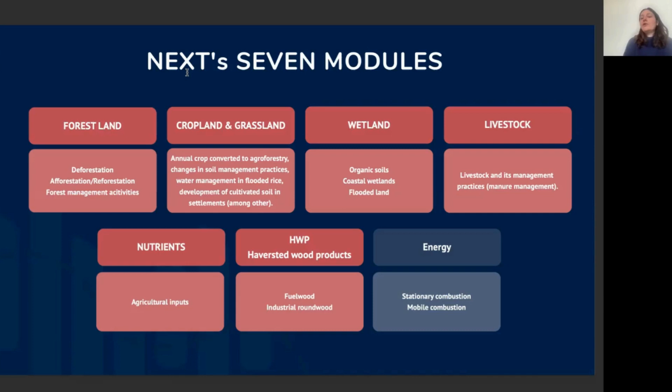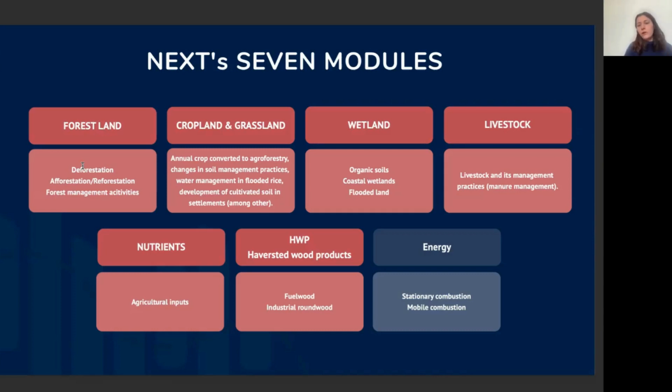The wetland module for organic soils, coastal wetland, flooded land. For instance, if you're going to do mangrove restoration, this will be accounted for in this module. You have the livestock module for manure management practices. The nutrients one, that is for all the agricultural inputs.